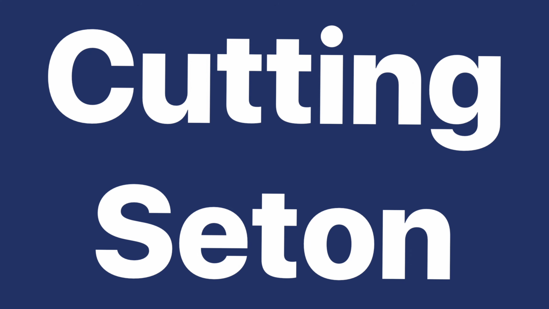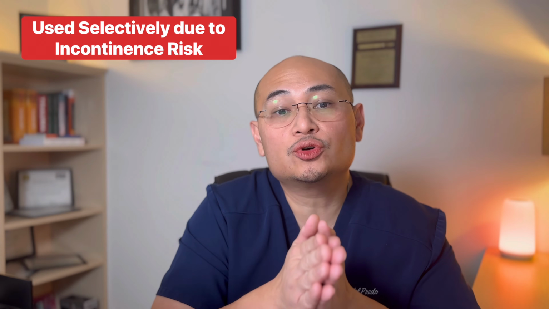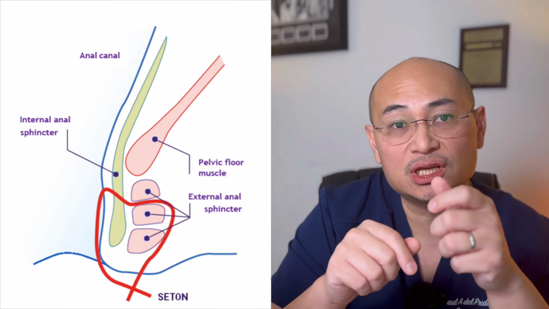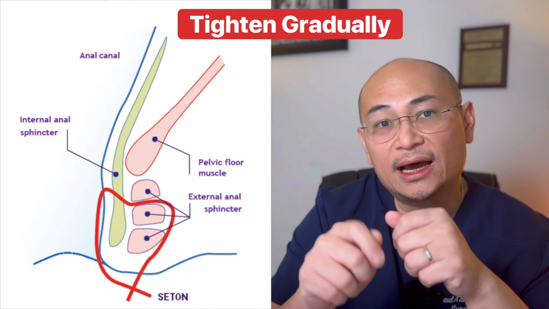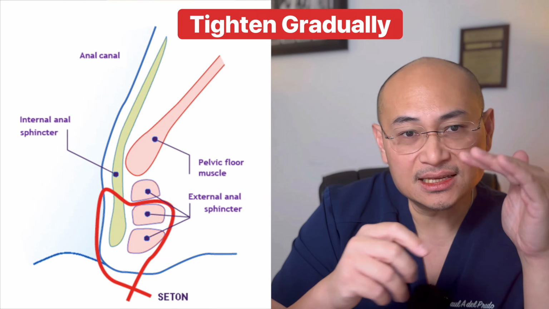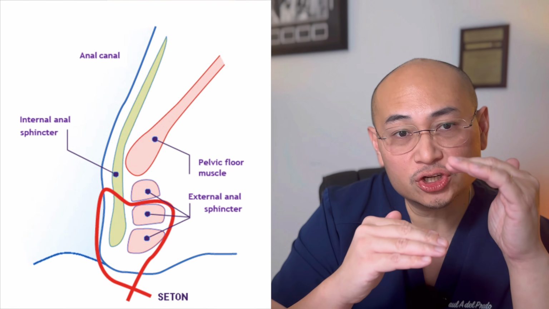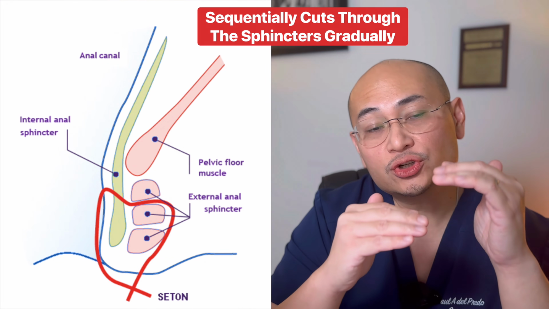What's a cutting seton? A cutting seton is used selectively due to incontinence risk. What you do is, it's not based on the material, it's actually the suture itself or the vessel loop that you tighten progressively. As it tightens, it sequentially cuts through the sphincters by pressure necrosis.